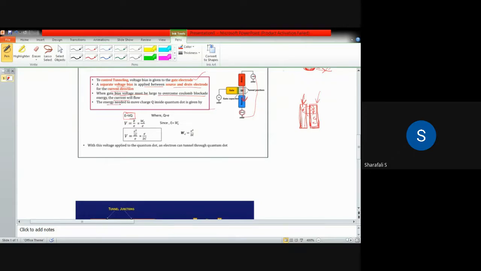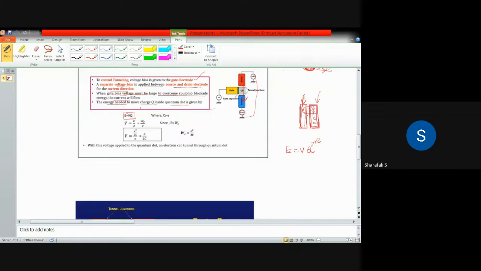For example, the energy needed to move charge Q inside the quantum dot is given by E equal to V into Q, and this Q is e, the electron charge of that particular particle. Here we are considering electron movement to the quantum dot.